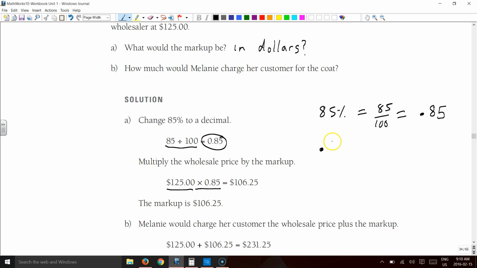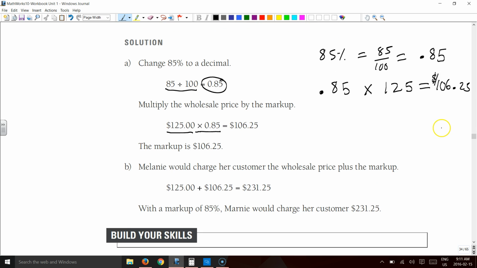I'm going to say, I want to know what 85% of the $125 wholesale cost is. And the markup, after you punch that into a calculator, is 106.25. Now that's the actual dollars that they're going to mark up the coat by. All right, fine. So that's the markup.